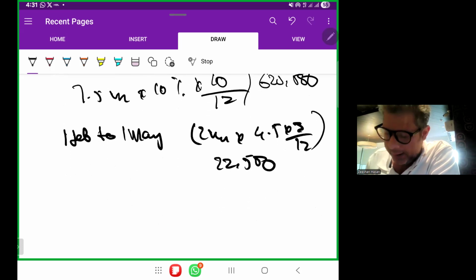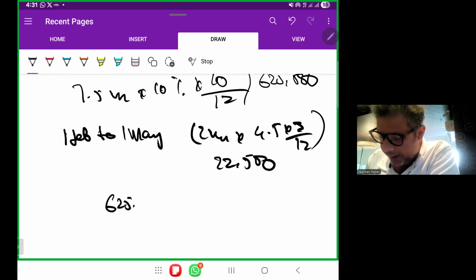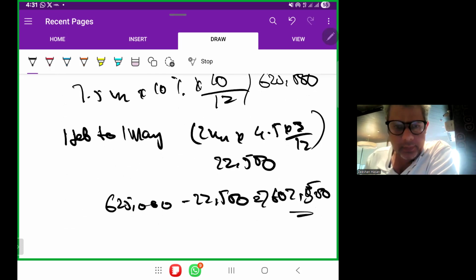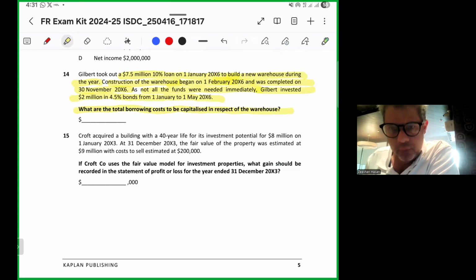Therefore, the amount to be capitalized is 625,000 minus 22,500, which is 602,500. All interest incurred and earned in January is before the construction period and therefore is recorded in the statement of profit or loss. So 602,500 is the answer.